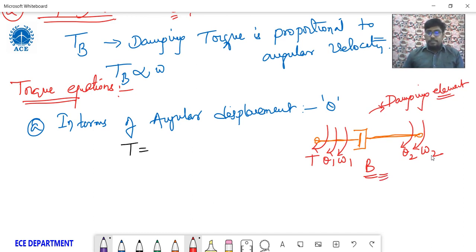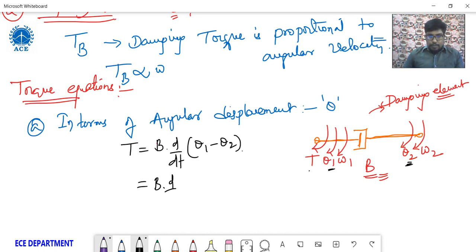For this one we need to write a torque equation. Torque T is equal to B into d by dt of the displacement, which is theta 1 minus theta 2, since torque is applied here. So T is equal to B into d by dt of theta, where theta is equal to theta 1 minus theta 2.